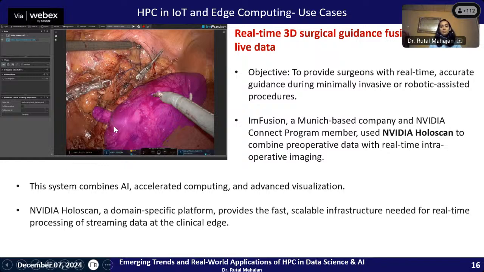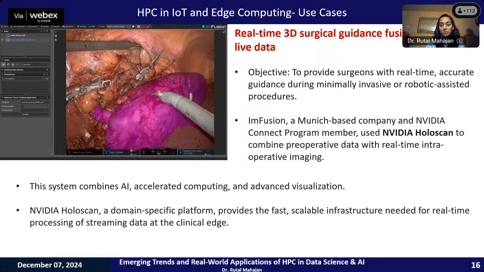Generally, when surgeons plan major surgeries, they have 3D or two-dimensional photographs or scans like MRIs and CT scans. But at the time of surgery, they don't have access to that.